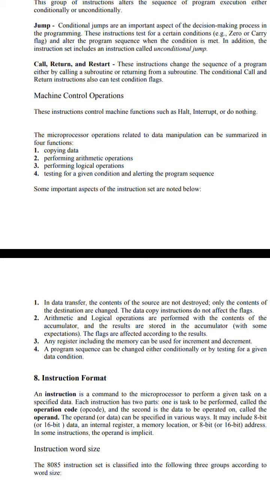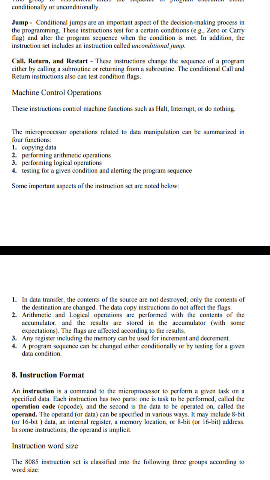These instructions control the machine function such as halt or interrupt or wait state or no operation, do nothing, like that. So you can summarize these categories of instruction set: copying data, performing arithmetical operations, performing logical operations, testing for a given condition, altering the program sequence, and the machine control operations.